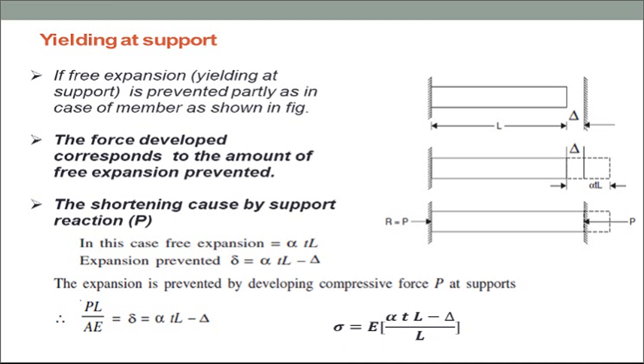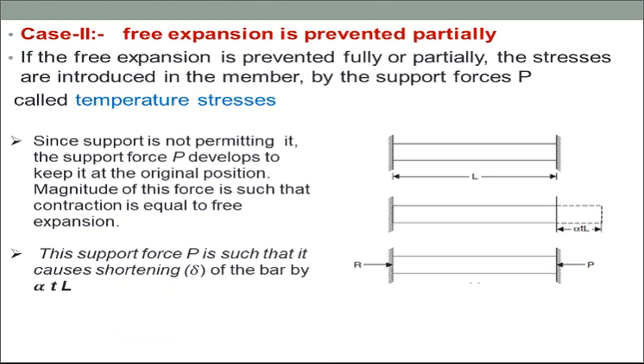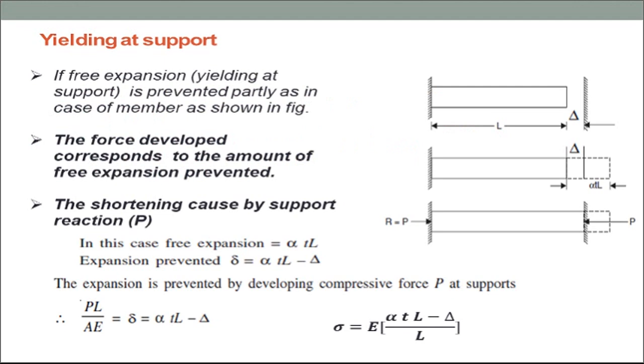In the previous derivation, the expansion was fully prevented, and here the expansion is partly prevented. If the expansion is partly prevented, how much expansion is prevented, that value you can determine by using this relation. So remember this expression whenever the expansion is partly prevented because of the support condition. We can use this formula to find out the temperature stresses developed within the bar.